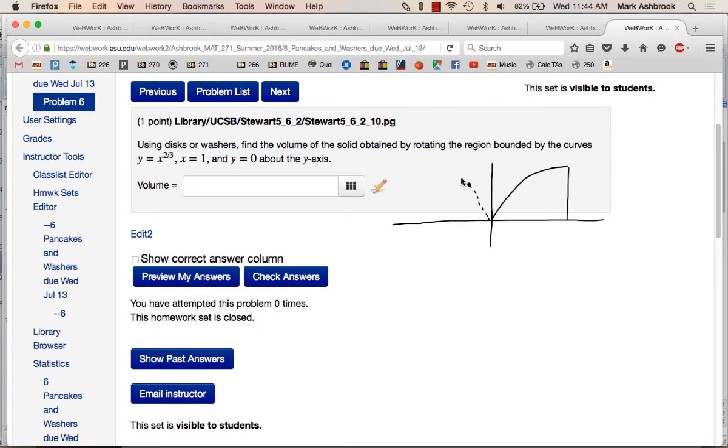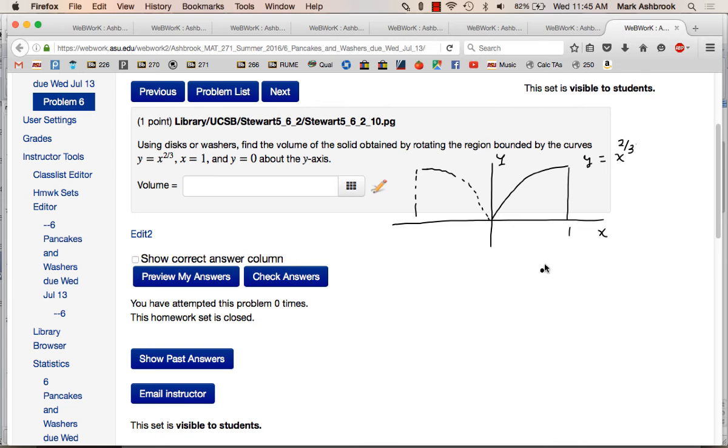Going to rotate about the y-axis, and this is y equals x to the 2/3. This is 1.